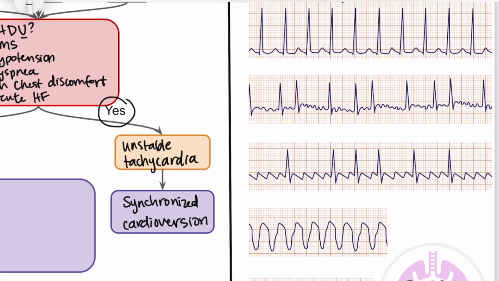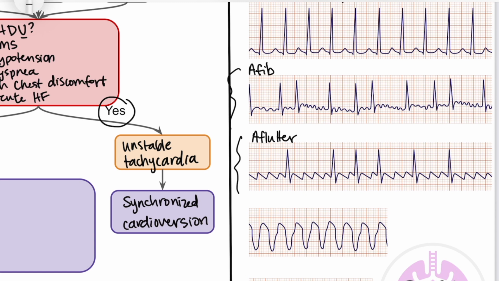Which one of these looks to be AFib? Well, it looks like this one and this one also have narrow, irregular rhythms, and the one that has the typical sawtooth pattern is considered A-flutter, whereas the other one is AFib.